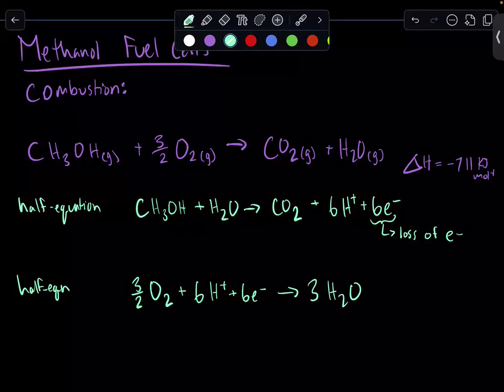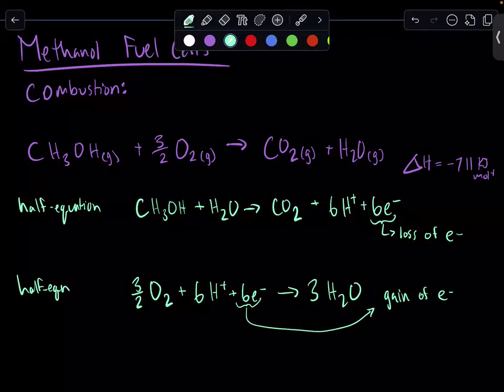This is a gain of electrons because we're putting them in. They're in our reactants. So we are in total gaining electrons, and those electrons are essentially going straight into the oxygen.